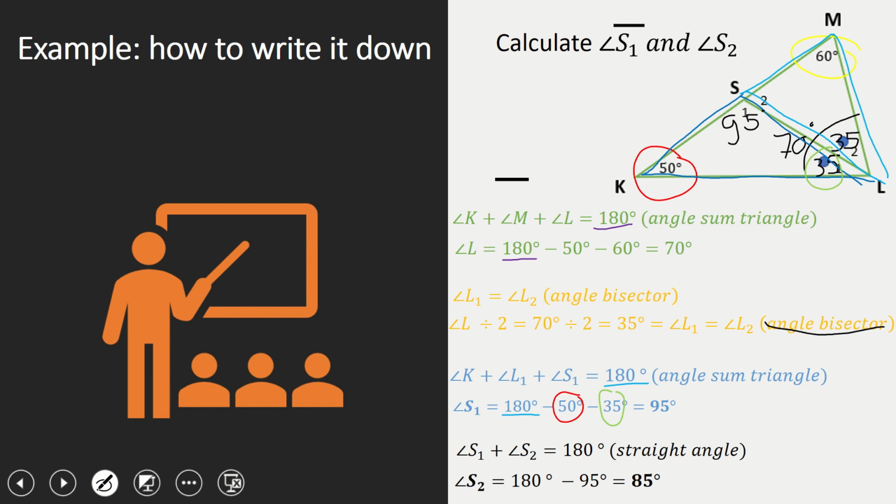Why not 360? Write that down. So your conclusion: angle S1 equals 95 degrees and angle S2 equals 85 degrees.